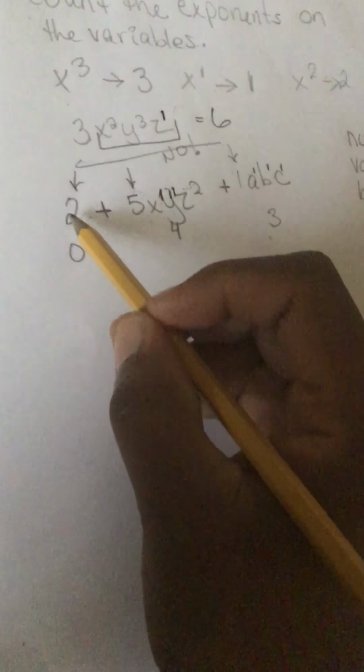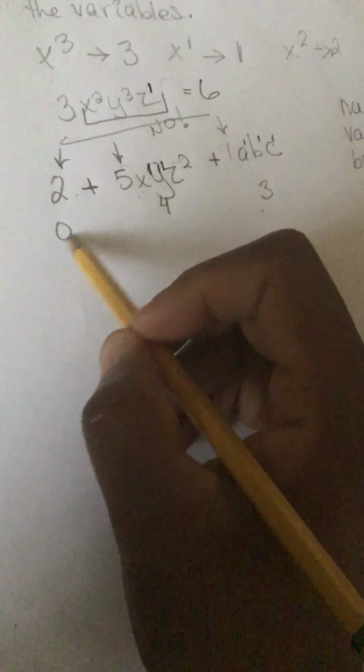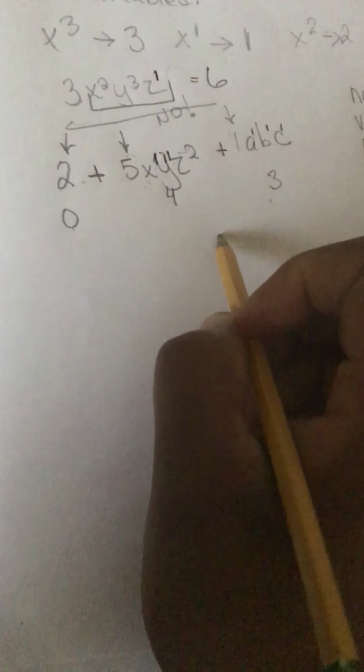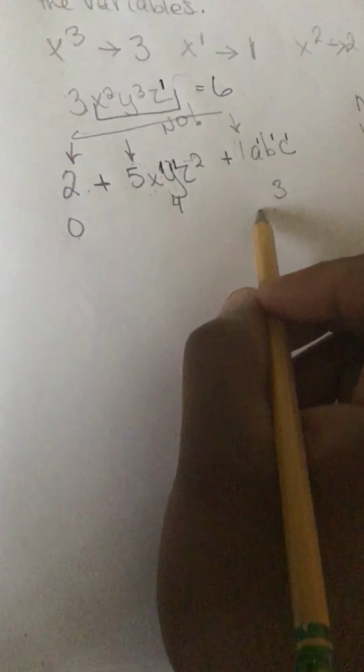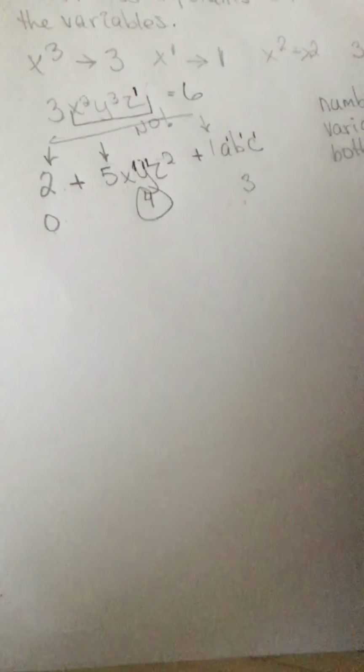Because I'm finding the degree of the monomial, even though it's a trinomial, I have to remember that there are 3 monomials here. So I have to find the degree for each of these. Now I have to see which one is the biggest one. So between 0, 4, and 3, 4 is the biggest one. So that is the degree.